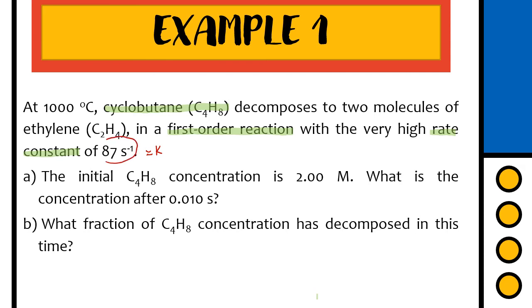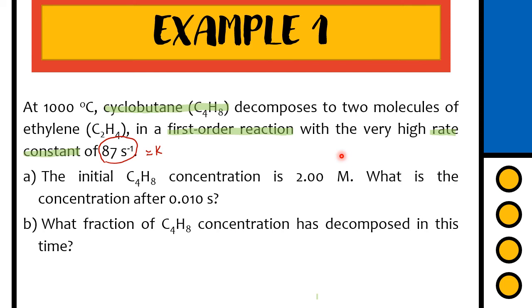So the first question: the initial cyclobutane concentration is 2 molar. What is the concentration after 0.01 second?